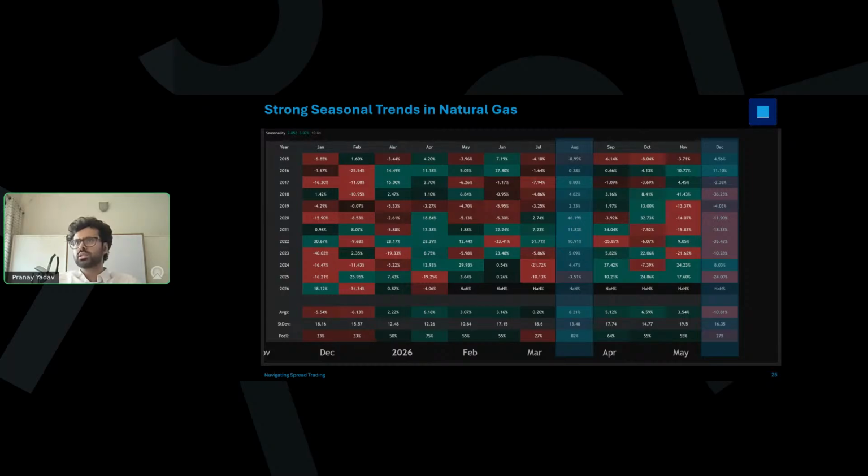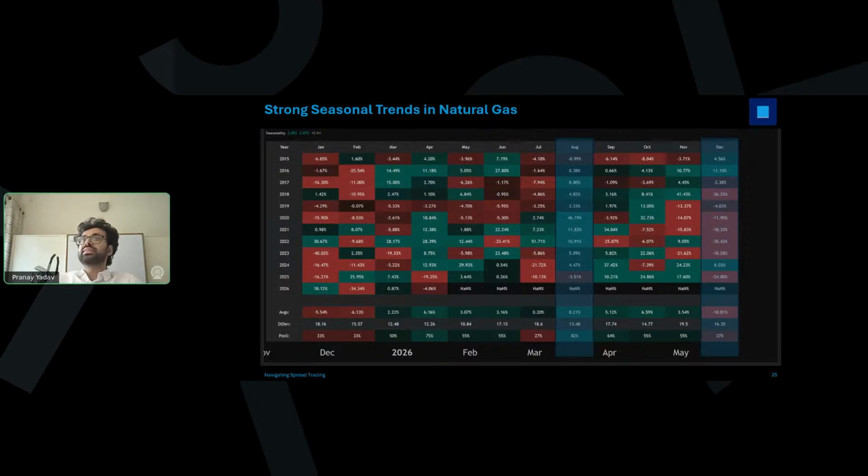So in August, natural gas prices have consistently increased. In 82% of the months over the last 10 years, natural gas prices have increased by an average of 8.2%. In December, they've fallen 73% of the months, by an average of 10%.